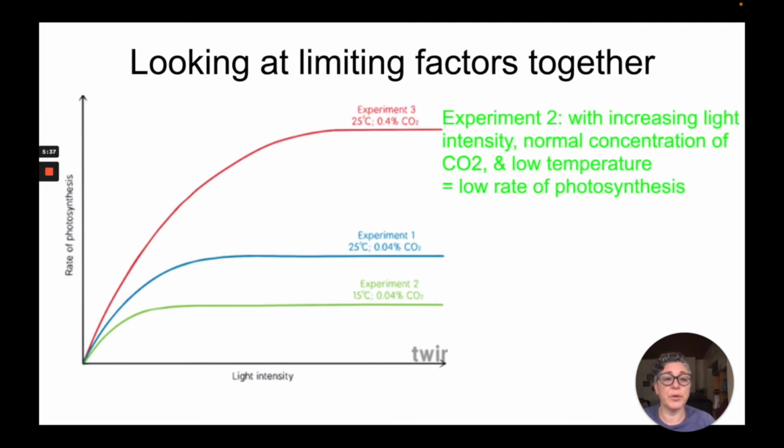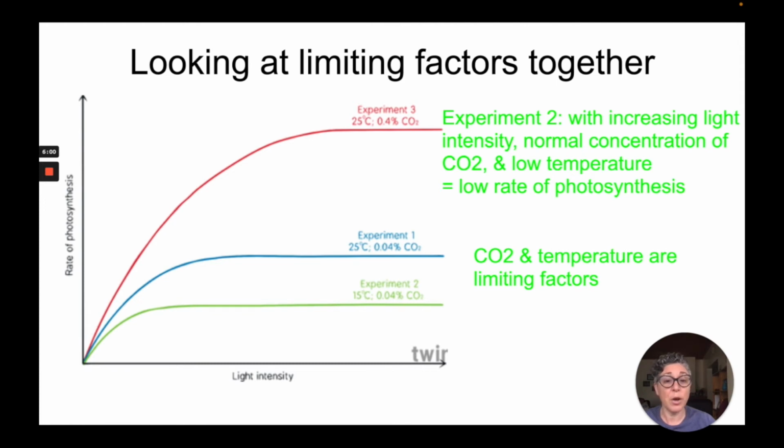Experiment number 2, the green line. Again, we have an increasing light intensity. There's a normal concentration of carbon dioxide, and the temperature is low. That is 15 degrees Celsius. And we see a low rate of photosynthesis. So what does this tell us? It tells us that both carbon dioxide and temperature are limiting factors.